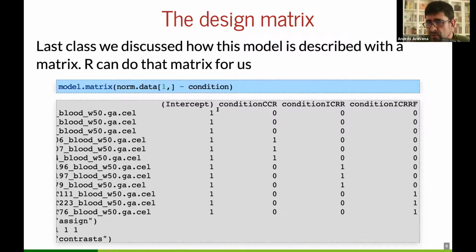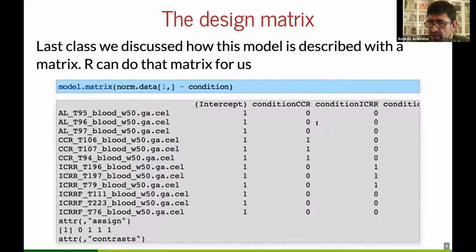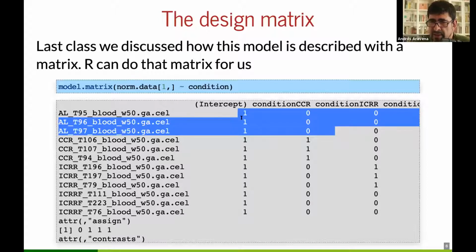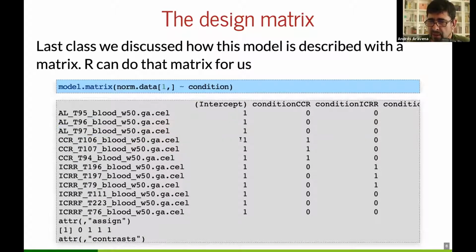And here, essentially, you see that in the first three cases, when you have ad libitum, the only value that you have on one is the intercept. That essentially means that the intercept is going to be the average of the ad libitum condition. And here you see that the value that we predict for CCR is the sum of the ad libitum plus this delta.